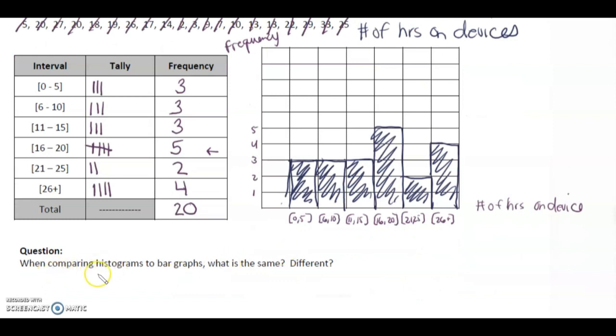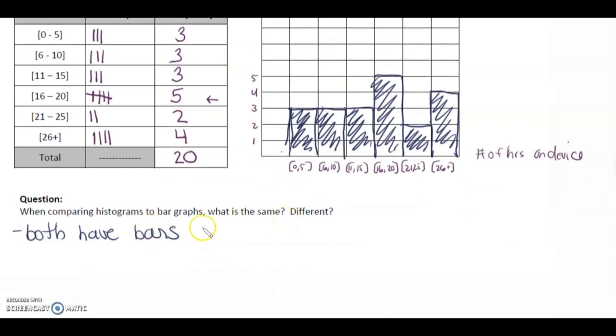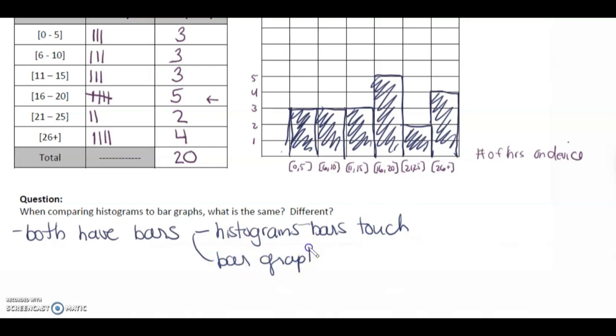So now, when comparing histograms to bar graphs, what is the same and what is different? Okay, so both have bars. Okay, but we can say histograms, bars touch, and we say bar graphs, bars don't touch.